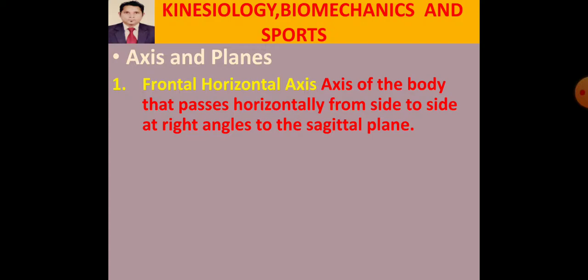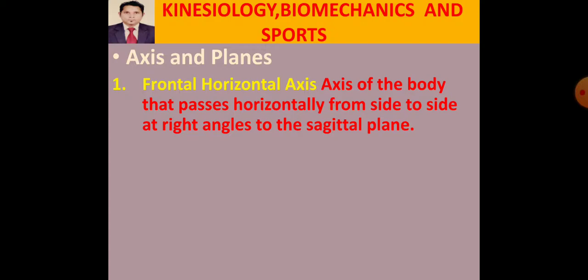The axis is an imaginary line, so this vertical axis passes from head to leg, through the middle of the body, at a right angle. It divides the body into two parts, left and right. The frontal axis divides the body into front and back. It passes from side to side.